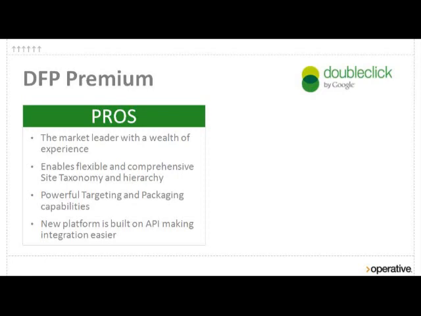In the experience that we've had with some of our publisher customers, the new DFP Premium platform has brought forward the same great packaging capabilities that were in the legacy platform, and streamlines the targeting that's available with the custom criteria that is present in the new platform.